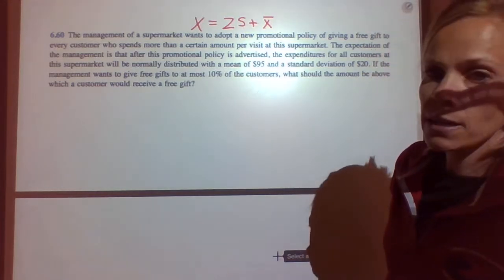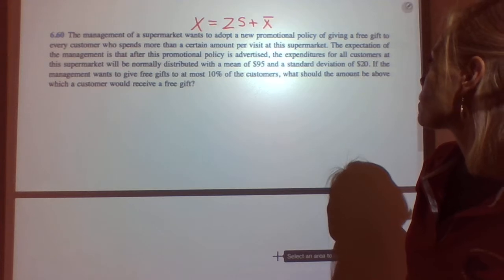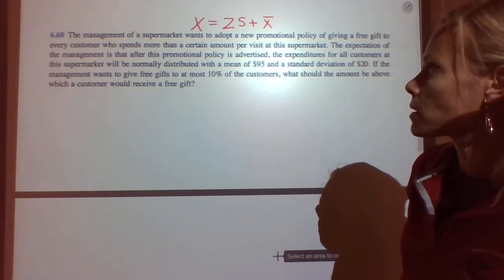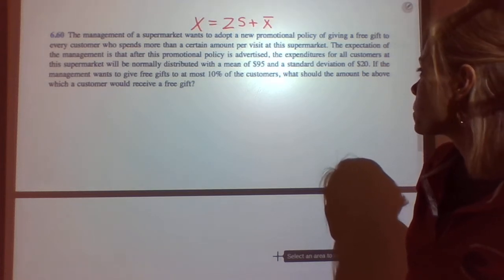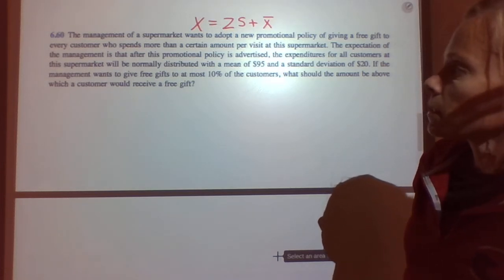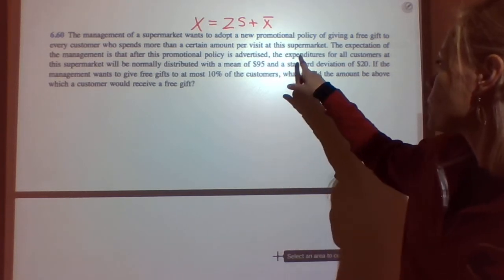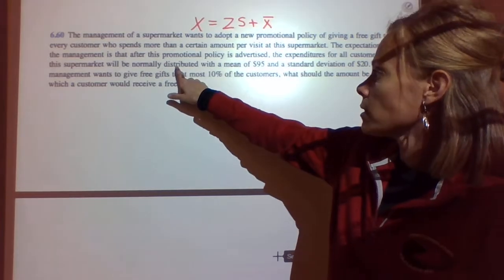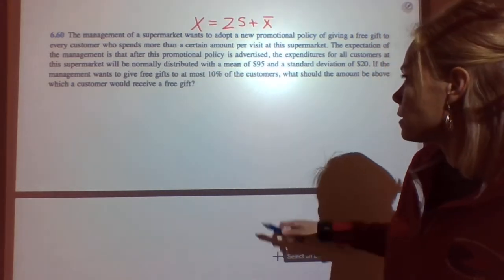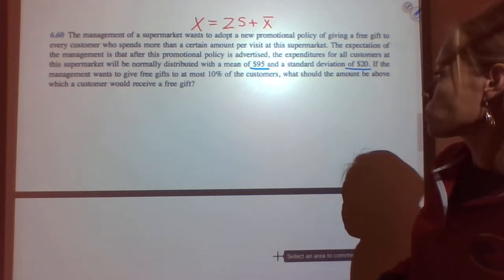Okay. The management of a supermarket wants to adopt a new promotional policy of giving a free gift to every customer who spends more than a certain amount per visit at the supermarket. The expectation of the management is that after this policy is advertised, the expenditures for all customers at the supermarket will be normally distributed, you need that, with a mean of $95 and a standard deviation of 20.